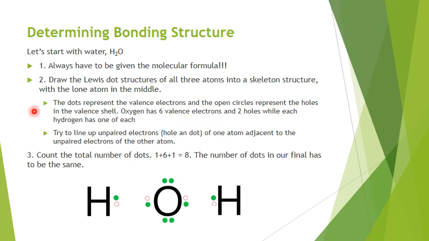The next thing we need to do after we draw the skeletal structure is put the oxygen in the middle and the hydrogens on the outside. We're going to end up looking more closely at center atoms down the road. But right now, if you're given a structure and there's only 1 atom of one kind, you put that 1 atom in the middle and then surround it. Okay.